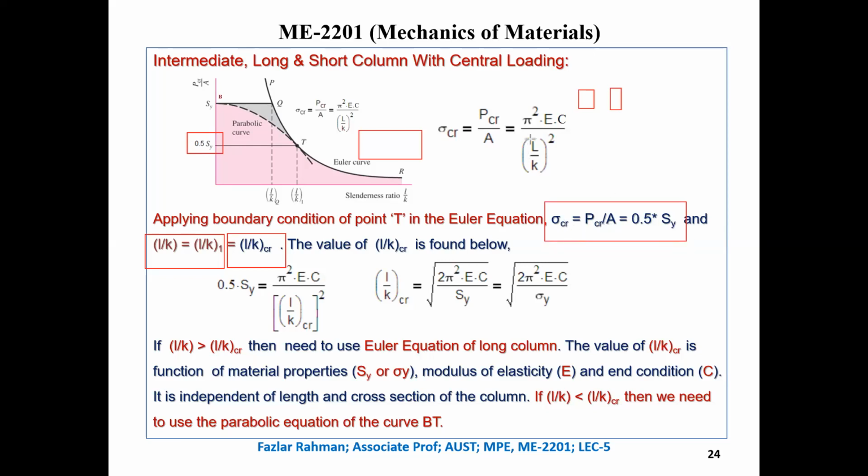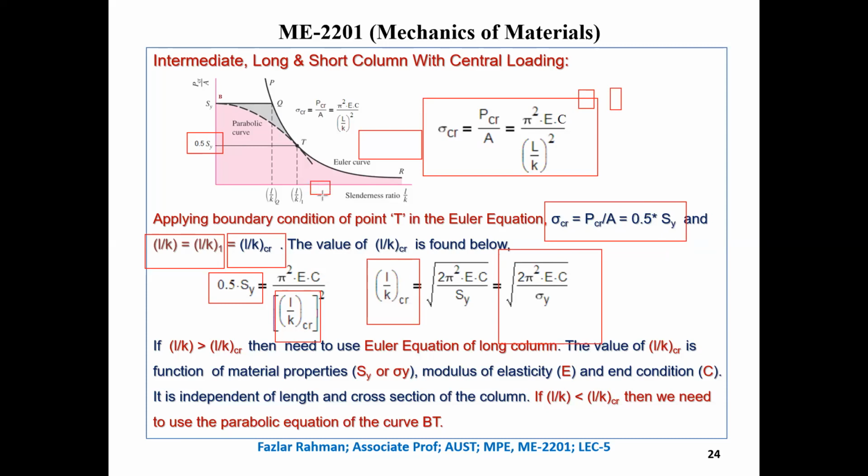This coordinate you put over here. So we put sigma critical equal to 0.5 SY, equals pi square E over, instead of L by K1, L by K critical. Why critical? I'll tell you later. Now this L by K critical comes to this. Why L by K critical? If you are on the right side of L by K1, the column behaves like the Euler equation.